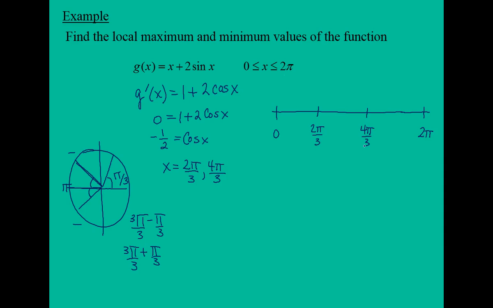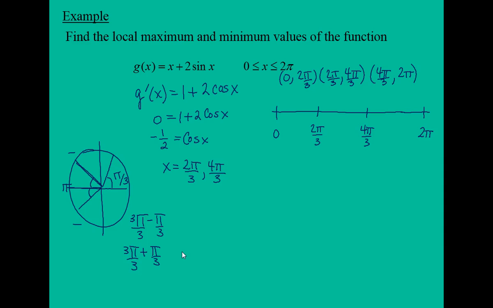So our intervals would be from 0 to 2 pi by 3, 2 pi by 3 to 4 pi by 3, and 4 pi by 3 to 2 pi. Those are our intervals. So now we're going to choose a value within those intervals.